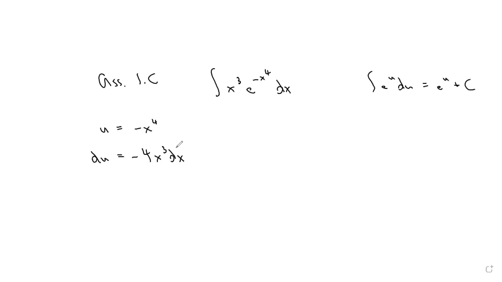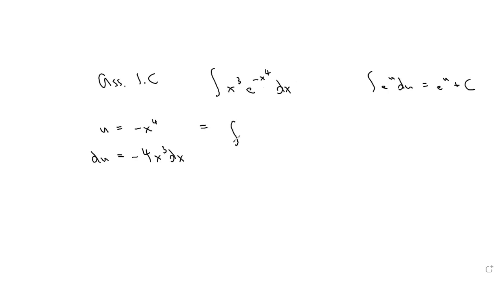Okay, so that's nearly the same as what we have in our original integral. The only thing we need to put in here is a minus 4, and then we'll be perfectly good to go. So as per usual, we'll insert a minus 4 in the integral, and then we'll offset it with a minus 1 over 4 outside the integral. And I'm also going to group everything together just for the sake of presentation.